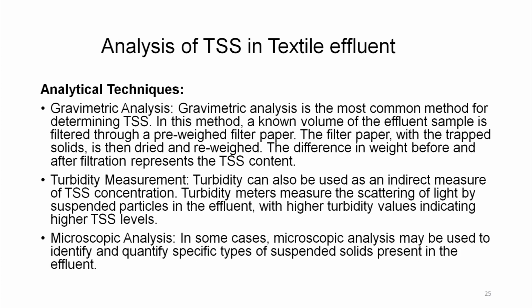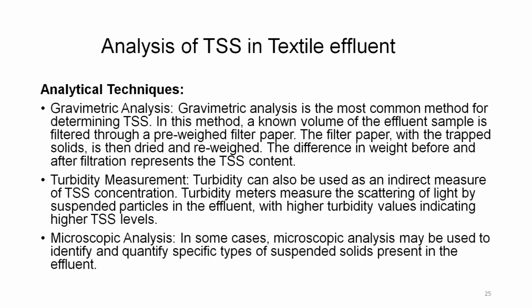Turbidity measurement: turbidity can also be used as an indirect measure of TSS concentration. Turbidity meters measure the scattering of light by suspended particles in the effluent, with higher turbidity values indicating higher TSS levels.